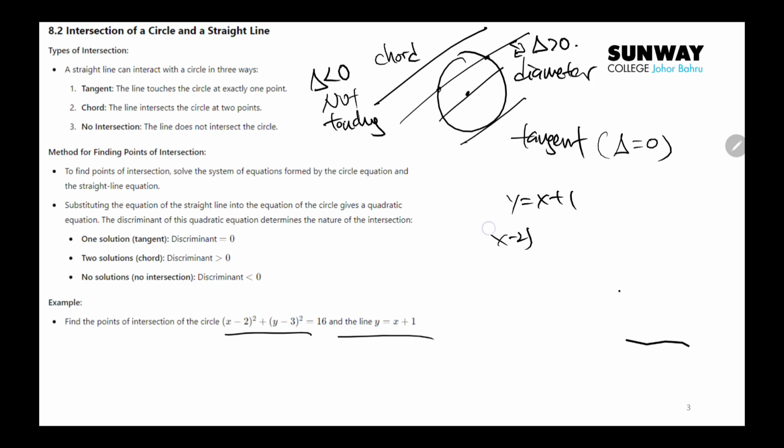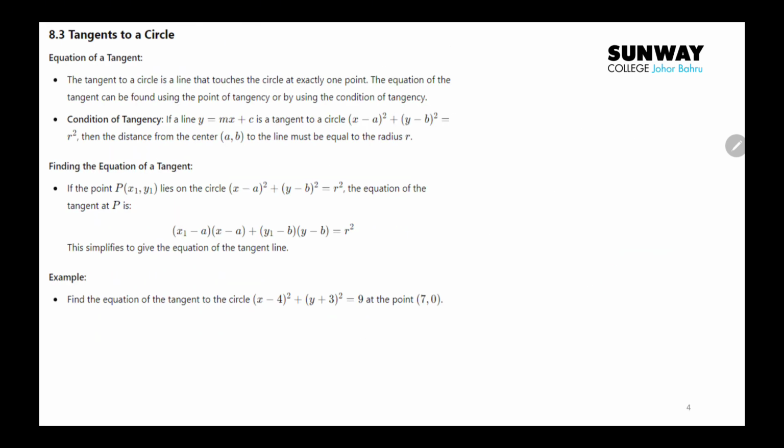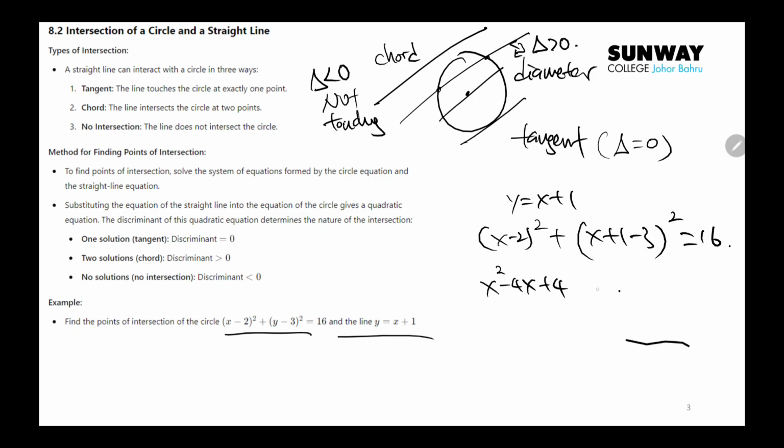So (x - 2)^2 + (x + 1 - 3)^2 = 16. x^2 - 4x + 4, and this is again (x - 2) perfect square. So you literally have twice of it, equals 16. So x^2 - 4x + 4 - 8 = 0. x^2 - 4x - 4 = 0.